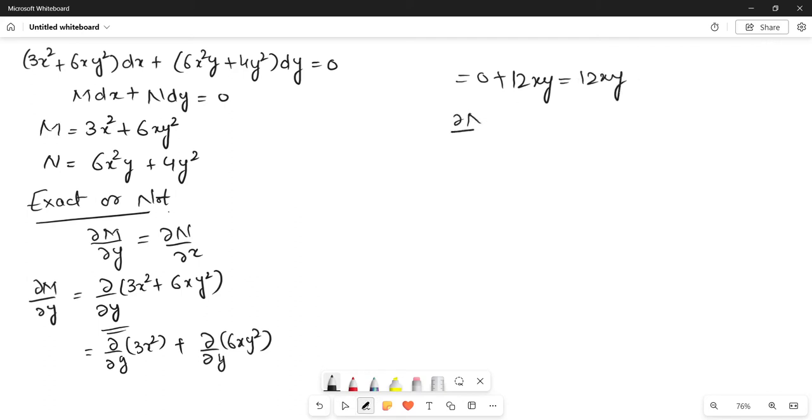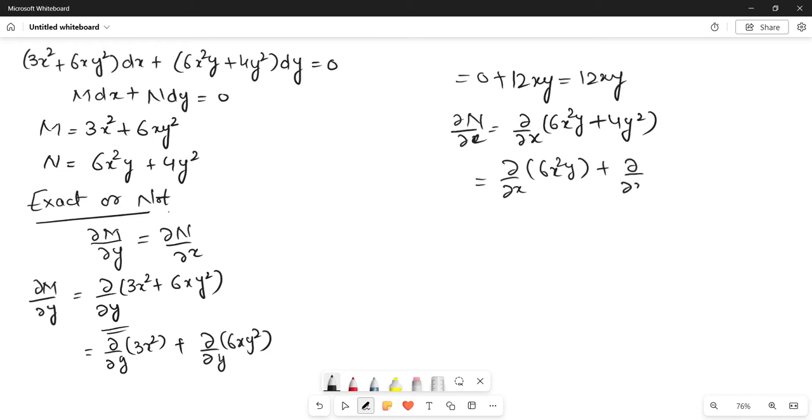Similarly, we will find del N by del x, that is del by del x of (6x squared y plus 4y squared). Again it is a partial derivative: del by del x of 6x squared y plus del by del x of 4y squared.